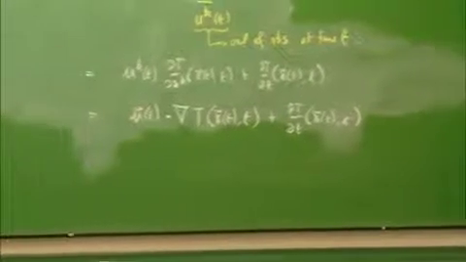So that is the rate at which the moving observer measures the temperature change as he travels through this temperature field.